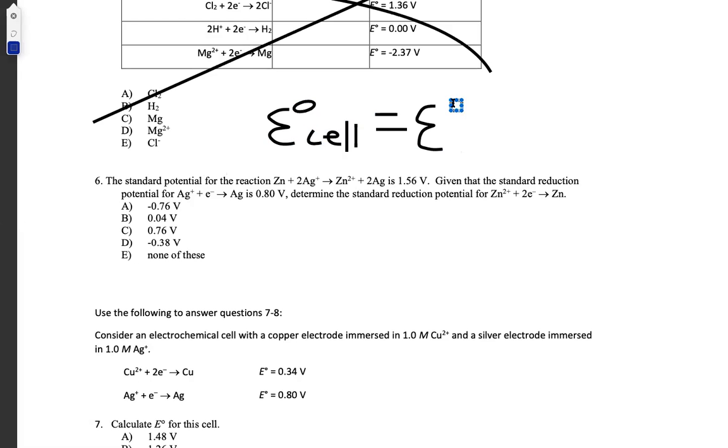It is anode minus cathode, correct? Did I not write that down? Oh yeah, there it is. It's cathode minus anode. Cathode, I'm just going to put C, minus the energy of the anode, which I'll just put A. And so we know that the standard potential, the E cell, is equal to 1.56.